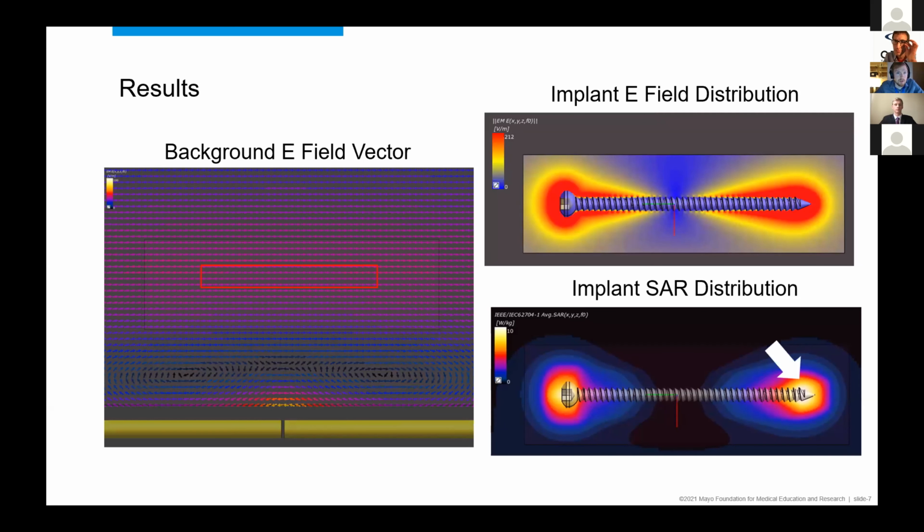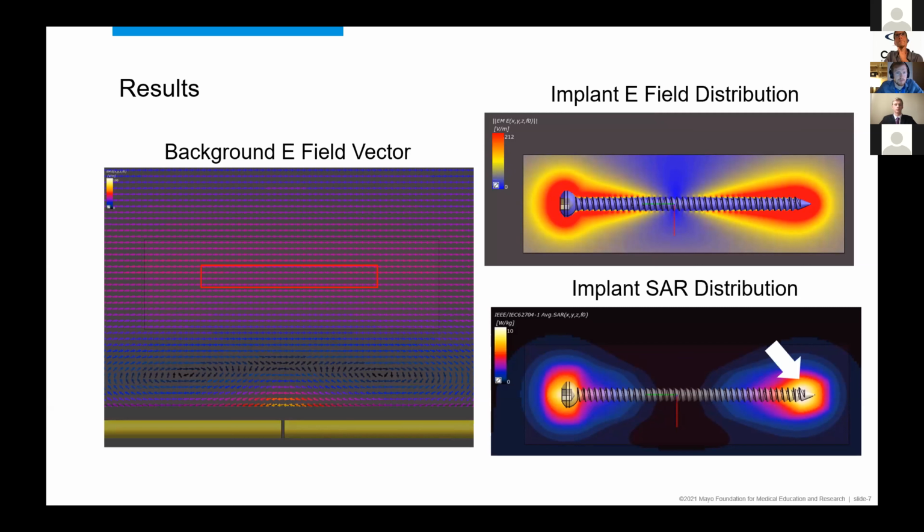So this is some example data that we pulled from our actual simulations. On the left, you can see our background simulations that we ran, background meaning without any implants. We wanted to make sure that our E-fields were tangential along the length of where the implant would be, denoted by the red box, as well as relatively constant in magnitude.